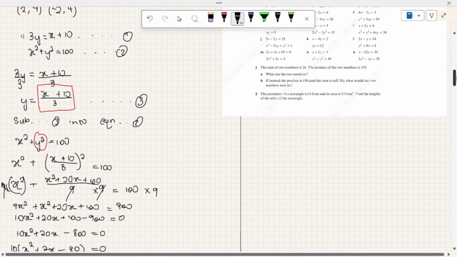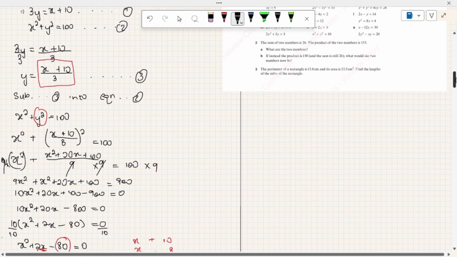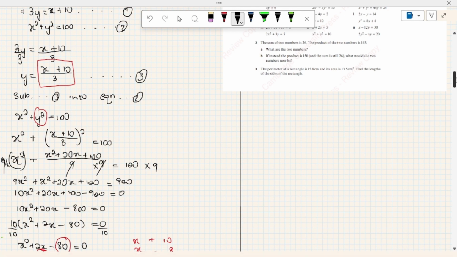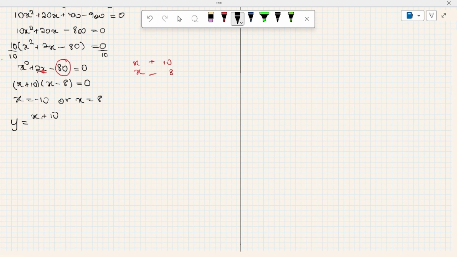We're going to take the easy equation, equation 3, where y is equal to x plus 10 over 3. Let's solve when x is equal to minus 10: y is equal to minus 10 plus 10 over 3.